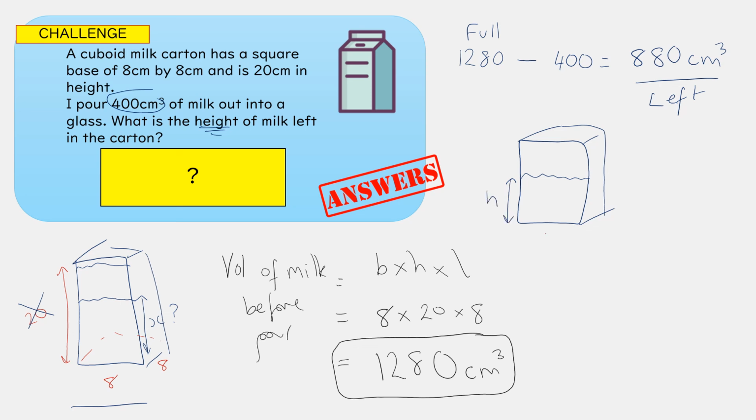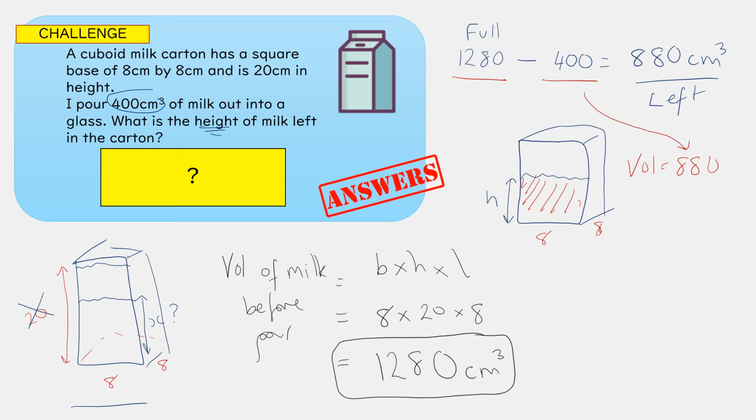The base of the milk carton and the length that it goes back is still the same though. Those two things haven't changed. We know that this volume of milk that's left over is 880. At full it was 1,280. We got rid of 400.